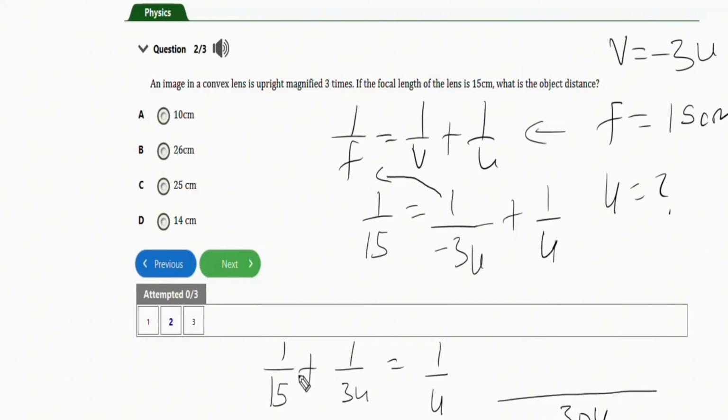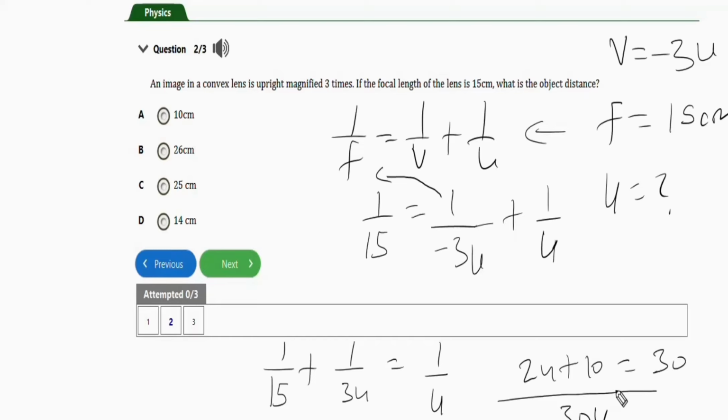So 15 into 30u, we are going to have 2u. So 2u times 1, we have 2u, plus 3u into 30u, you are going to have 10. 10 times 1, you have 10, equals u into 30, you're going to have 30. 30 times 1, you have 30.